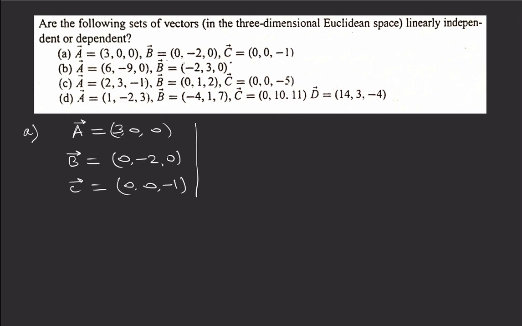The first problem: three vectors are given. A is equal to (3, 0, 0), B is (0, -2, 0), and C is equal to (0, 0, -1). Let us write in equation form by multiplying by their corresponding components.